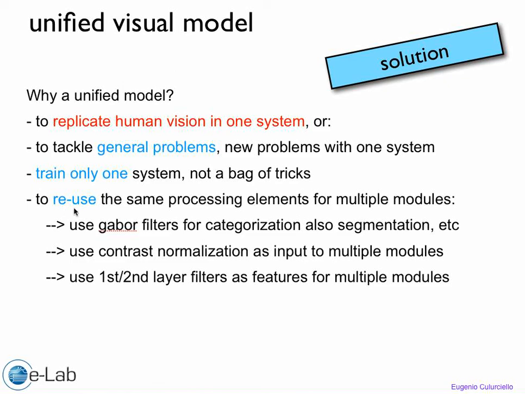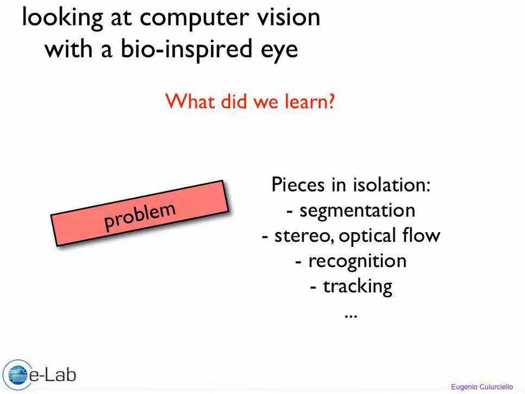And the idea is also to reuse the same processing element for multiple modules so that you don't have inefficiency. For example, you might use Gabor filters, orientation filters, for multiple algorithms like categorizing, segmenting, tracking. You might use contrast normalization on the input to many modules. And the first or second layer filters of a ConvNet might be the identical process that is done in all of these module pieces in isolation that we've seen.